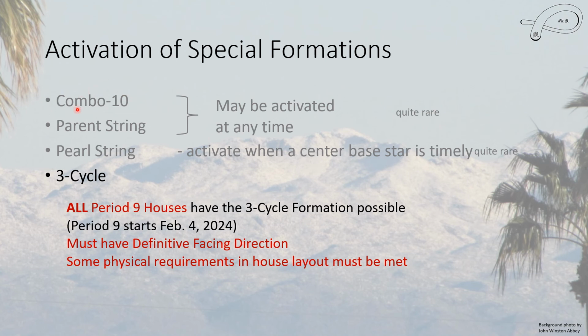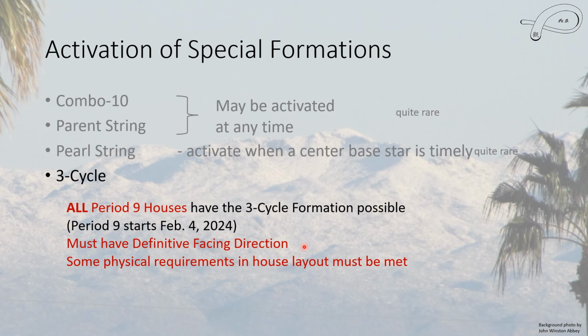If you happen to have one of these formations already, and even the up mountain, down water, or on mountain, on water, you don't need to change, especially if they're already activated, because it's good. You don't have to worry about it, because these are equally good. But if you don't have it, then you may want to consider this.